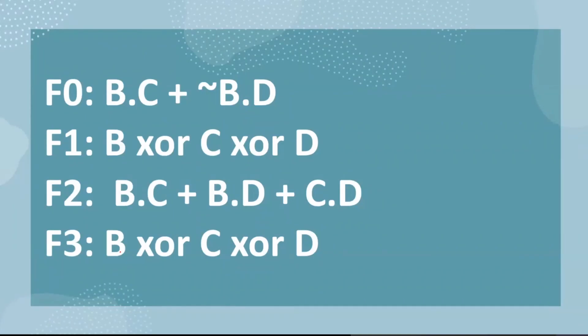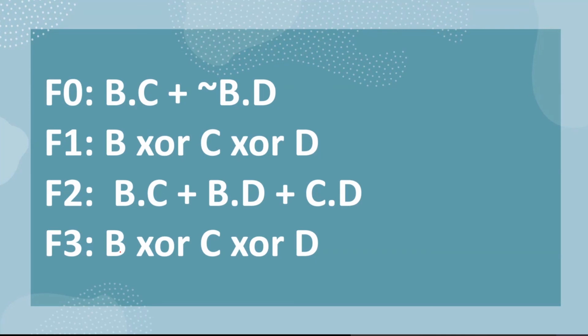F depends on what stage you are in right now. If you remember, round number 0 to 15 was stage 1, round number 16 to 31 was stage 2, and round number 32 to 47 was stage 3.